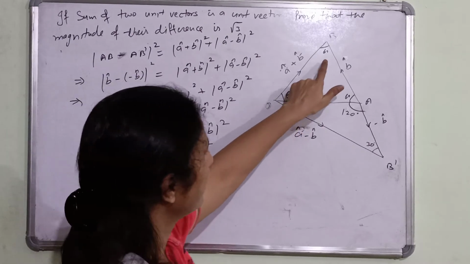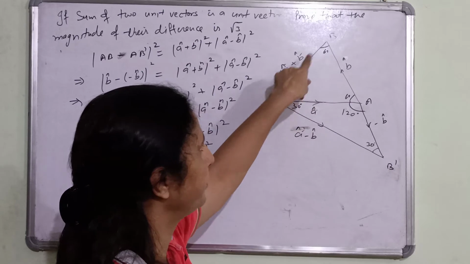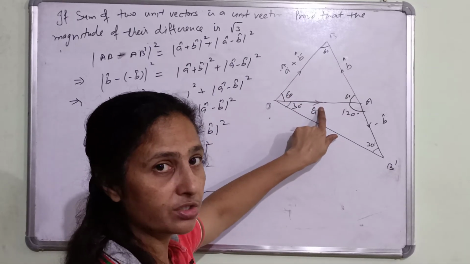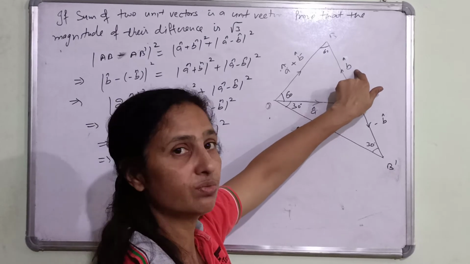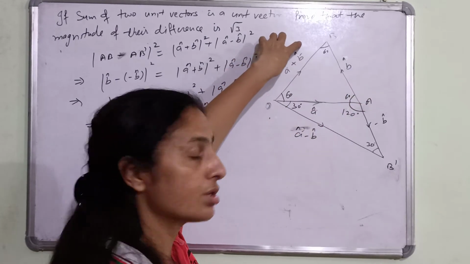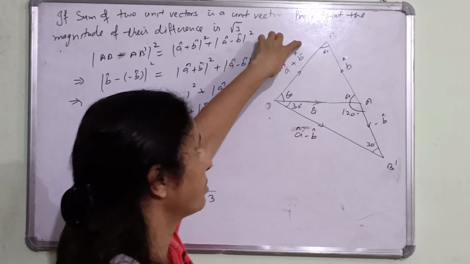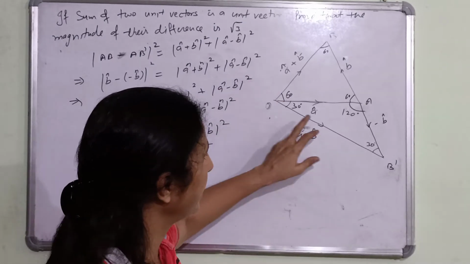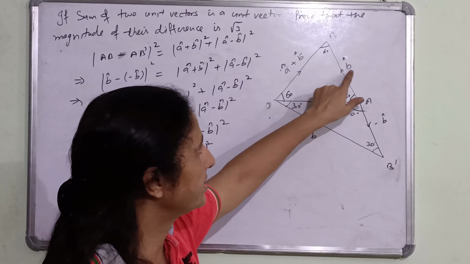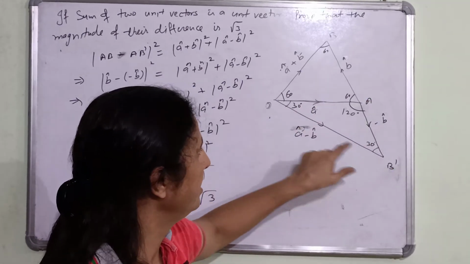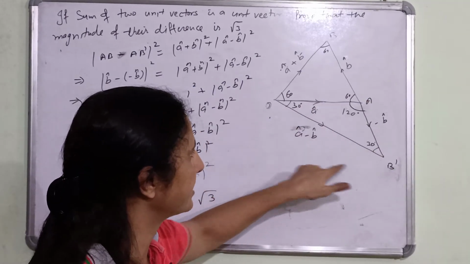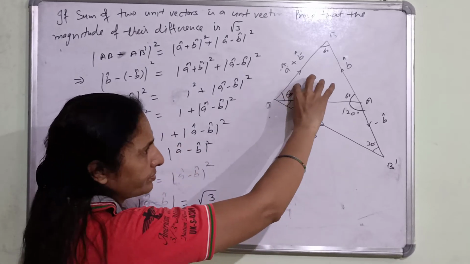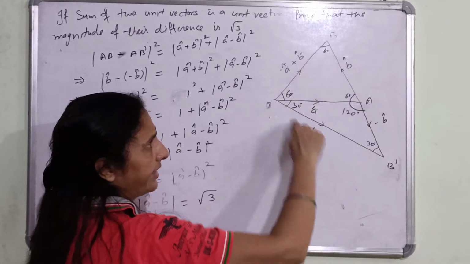What we did here is a little bit long but very easy. First we prove that this is an isosceles triangle using unit vectors, because A is a unit vector, so modulus of A is 1, modulus of B is 1, right? This is also a unit vector, so modulus of A plus B is also 1. So it is an isosceles triangle. After that we have to find the difference. So this is B, this is minus B. The angle is 30 degree, now this is 90 degree, so this is a right angle triangle.